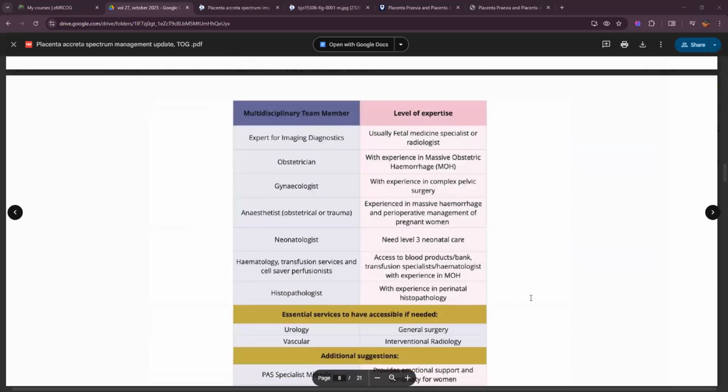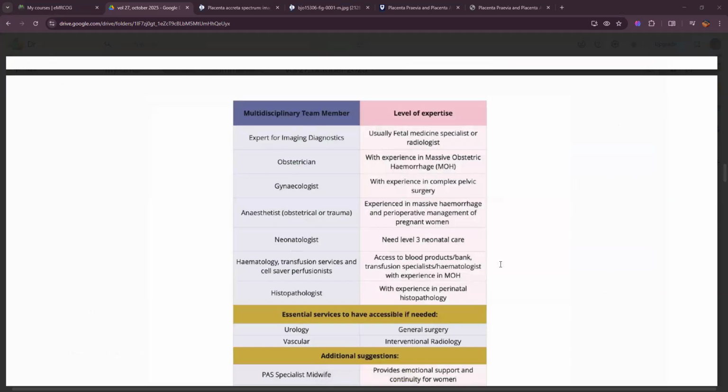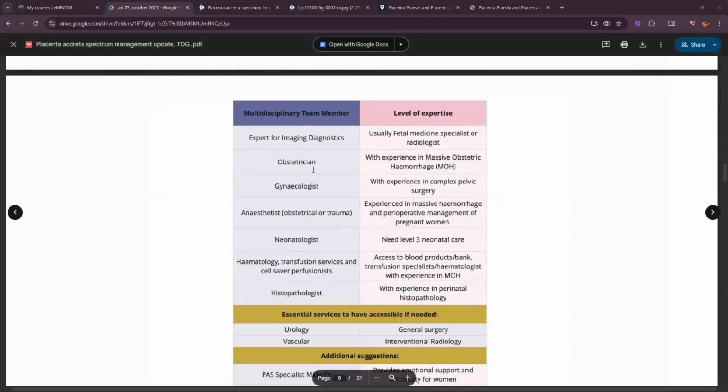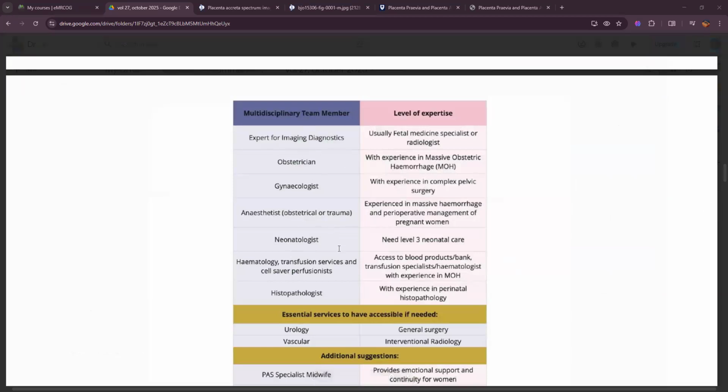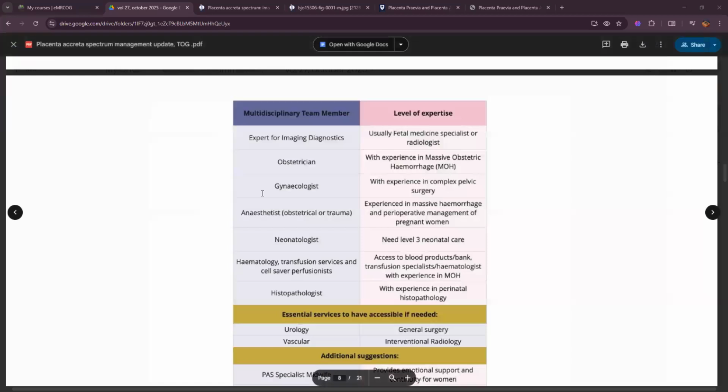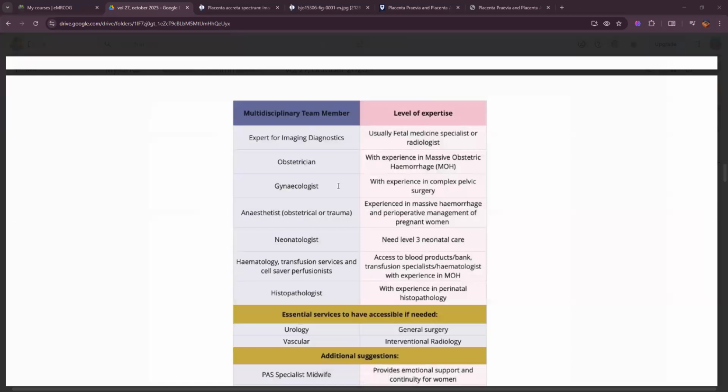Okay, so here we are. This is the MDT that you are going to need for this operation. Keep this in your mind. You are going to tell your patient or the examiner that you are going to need experts for imaging, an obstetrician with experience in massive obstetric hemorrhage, and a gynecologist with experience in complex pelvic surgeries, the expert in dissection.